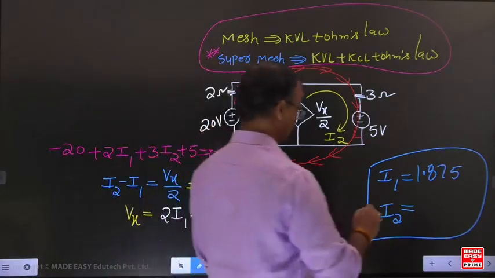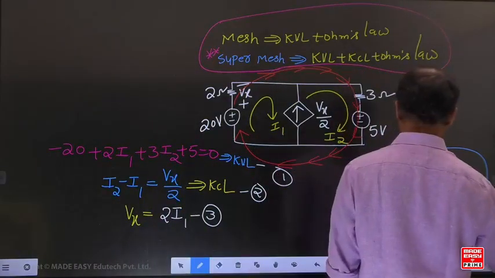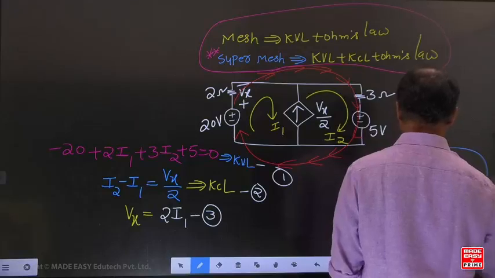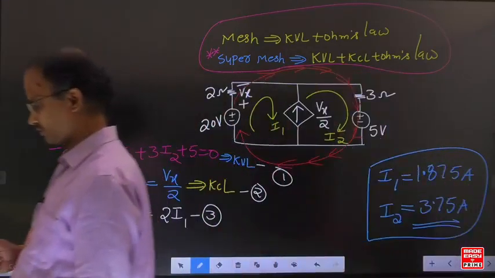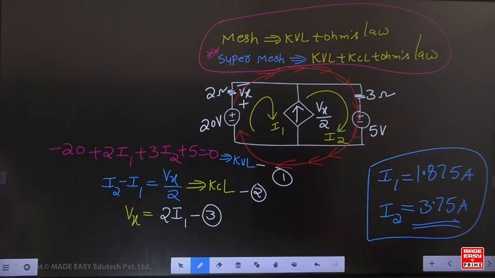Check once. Verify these currents. Are they correct or incorrect? Check I1 and I2. Okay. Very good. Many students got the same answers.